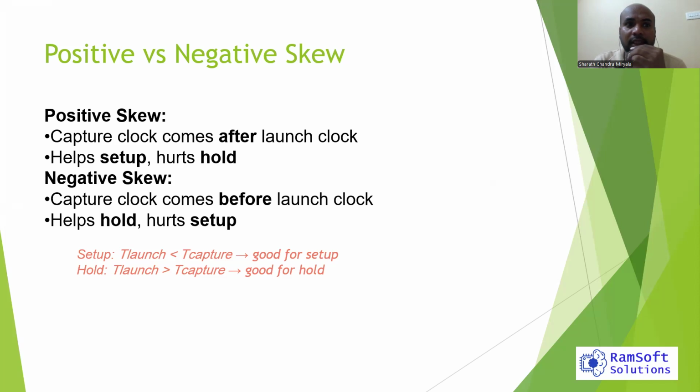If the capture clock comes early to the capture flop and comes late to the launch flop, then it hurts the setup, but it helps the hold. That means in this case, Tlaunch is greater than Tcapture. That is very good for the hold scenario.